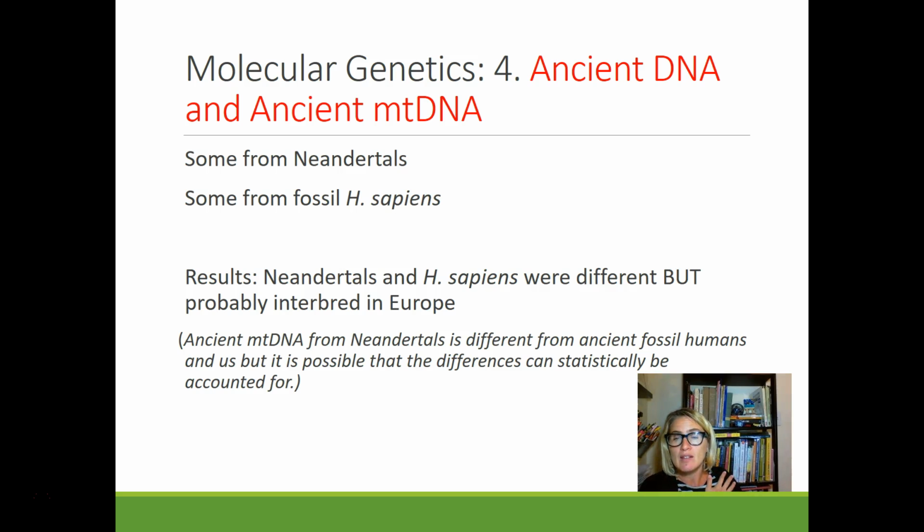What it tells us is that, first of all, Neanderthals are clearly quite different than anatomically modern Homo sapiens. But modern humans and Neanderthals clearly interbred in Europe based on our latest ancient DNA evidence.